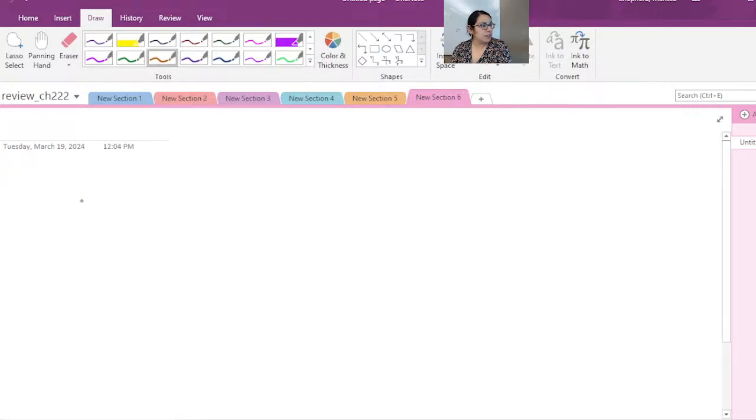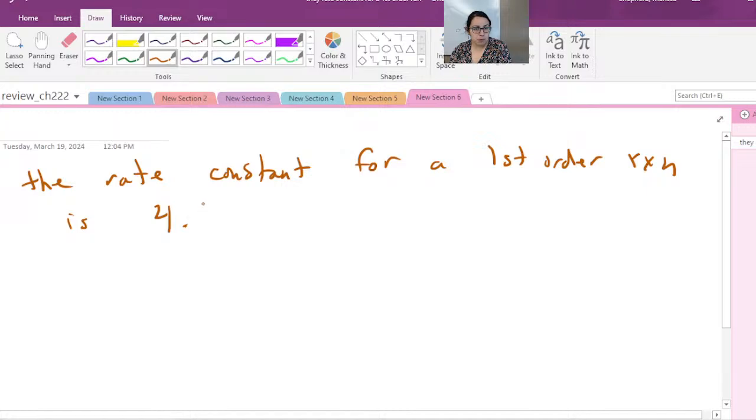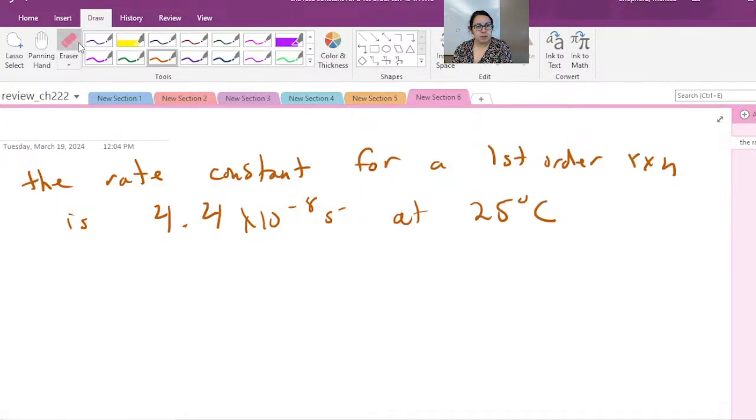The rate constant for a first order reaction is 4.4 times 10 to the negative 8, at 25 degrees Celsius.